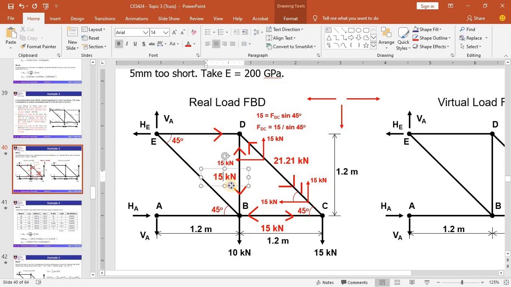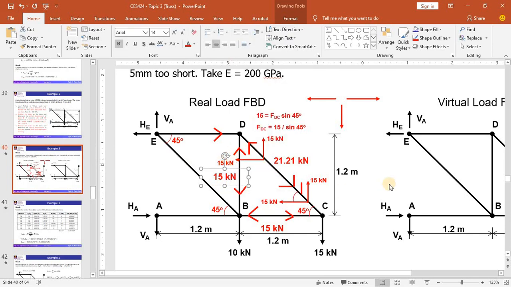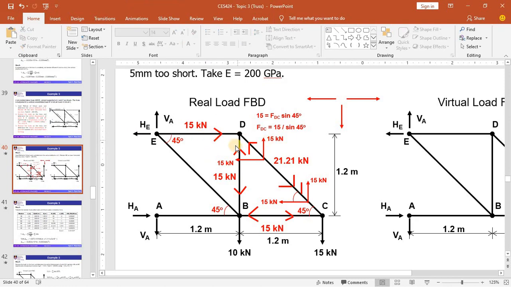Let me copy down this value: the same amount, 15 kilonewton. Let's complete the force signs for this member.